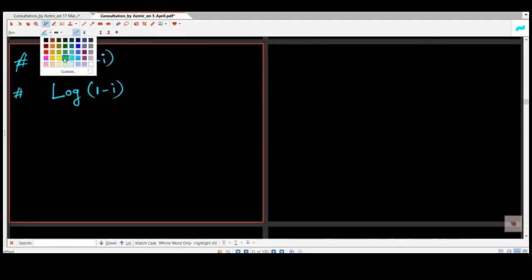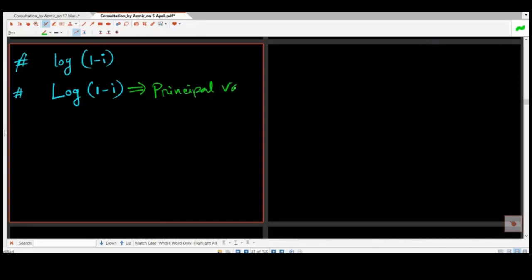So remember, this log means the principal value of the complex logarithm. And this one defines the general form. So we have to find log of 1 minus i.